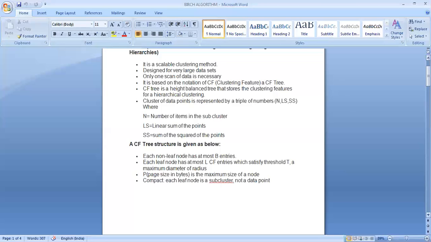I have already told you that in the CF tree, data is actually stored at the leaf nodes, which are not raw points but clusters. It means it is a tree at the bottom of which lie clusters which satisfy certain criteria: their length cannot be more than L and their diameter cannot be greater than T.